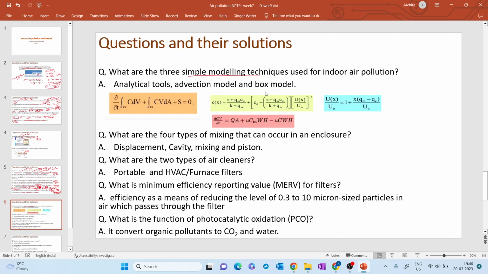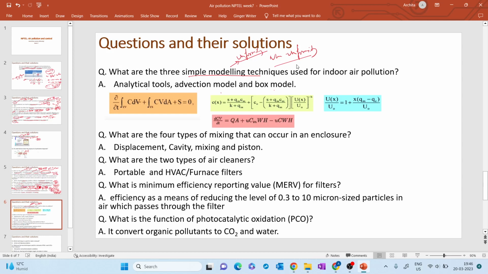Now they are based on two criteria, generally uniformity or non-uniformity. It means that a system is well mixed or uniform, or a system is non-uniform or not well mixed.